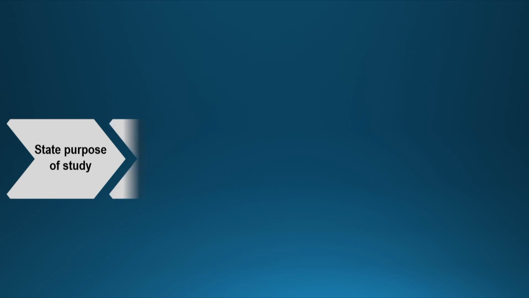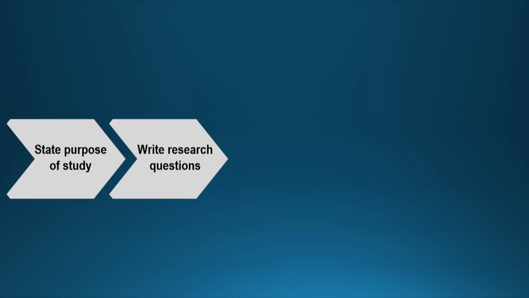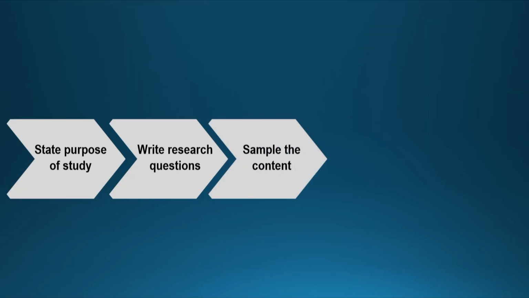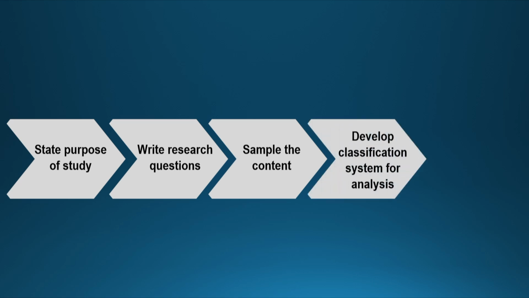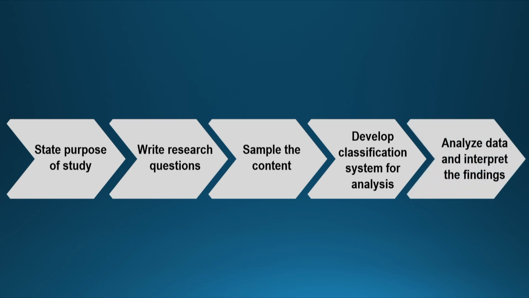Next is to formulate the research questions to which the researcher would like to find an answer. Then select the sample for this study. And next is to develop the classification system for analysis, analyze the data and interpret the result.